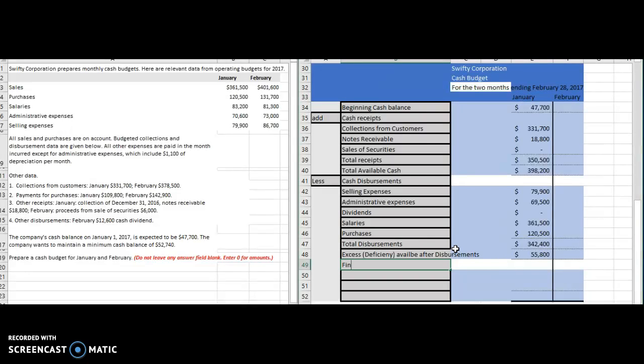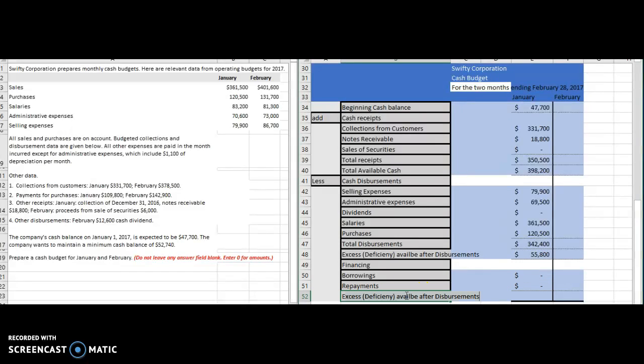Next, we go into the financing columns. We're going to first put in our borrowings, which for January there was none. And then any repayments that the company might have had, which again for January there was none.